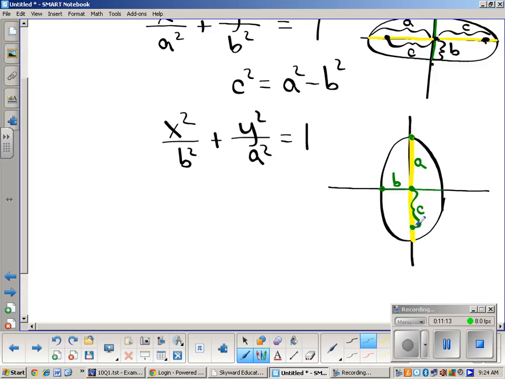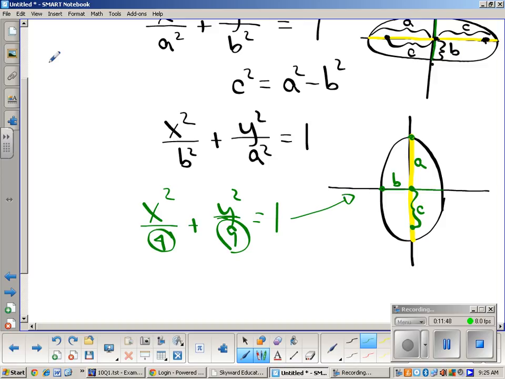If I'm given this equation, x squared over 4 plus y squared over 9 equal to 1, the bigger number of these two is the 9, and it's under the y squared, so I'm looking at this model.